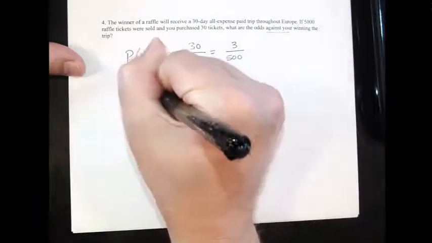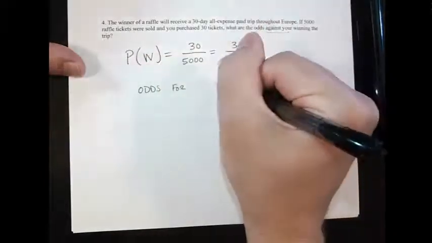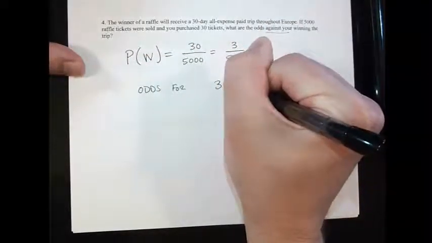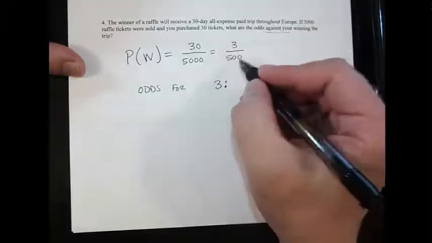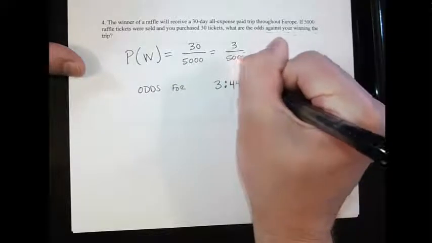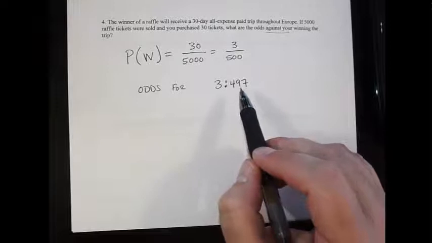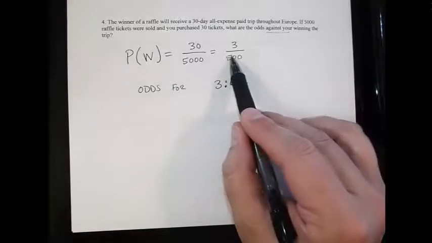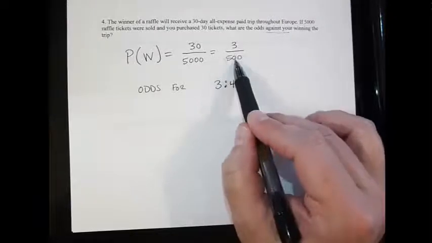So this means the odds for are the possibilities that this happens, which is 3, and the number of possibilities this does not happen, which is the remaining 497. A common mistake with odds is people believe that this should be the denominator, but this value plus this value makes the denominator.